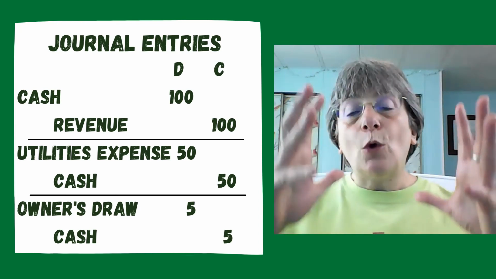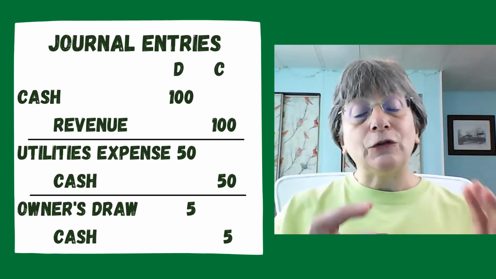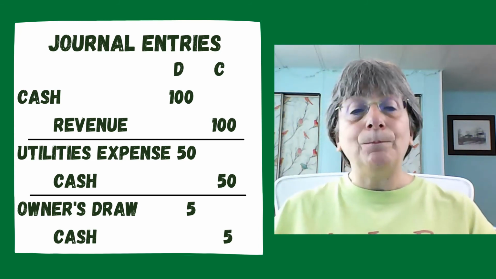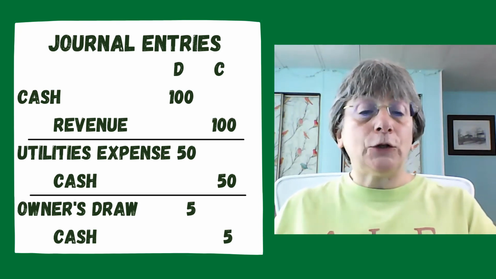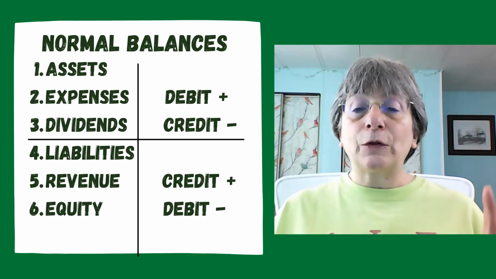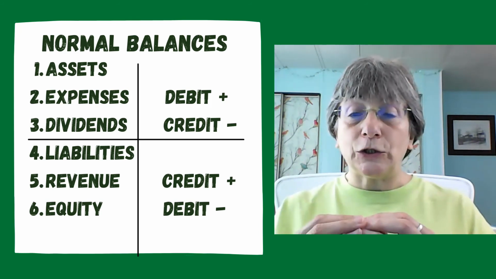Now, once you do all of these journal entries over a month, those entries get posted to accounts where we add everything up, and then we use that information to create our financial reports. So the rules of debit and credit all come back to this concept of tracking things within the accounting equation.